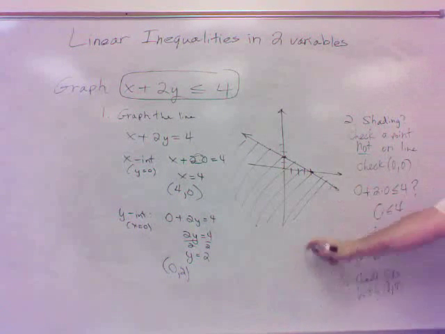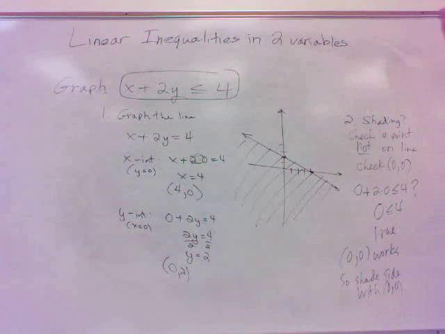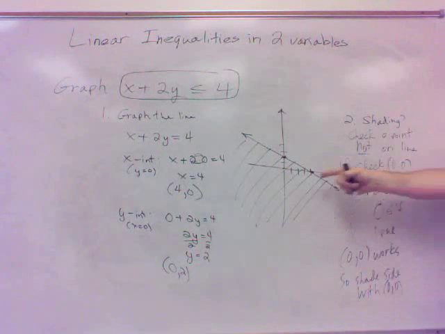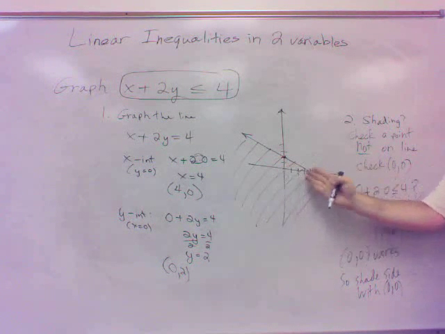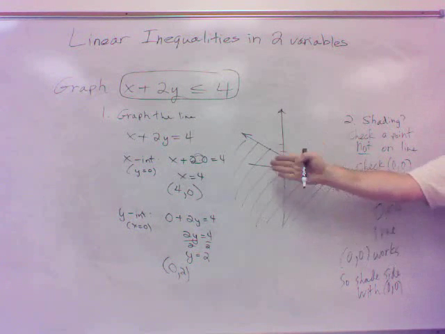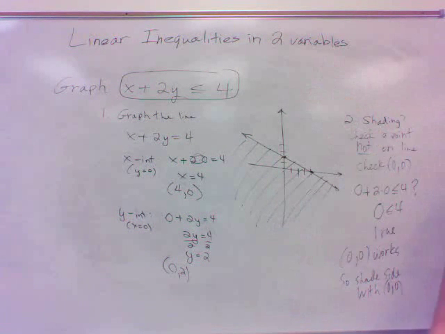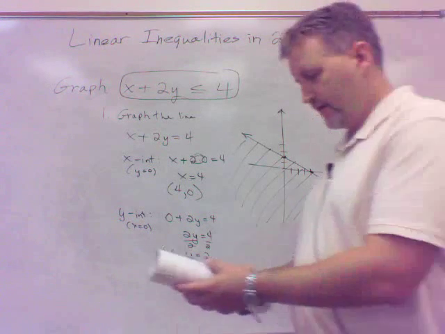If 0, 0 hadn't worked, then I'd have to go to the other side, right? Because I know that point doesn't work, so neither do any of the points. But in this case, 0, 0 works. And you can check some others if you want, but all the other points below this line will satisfy the inequality, because that one did, they all do. Okay? So that's the process there.